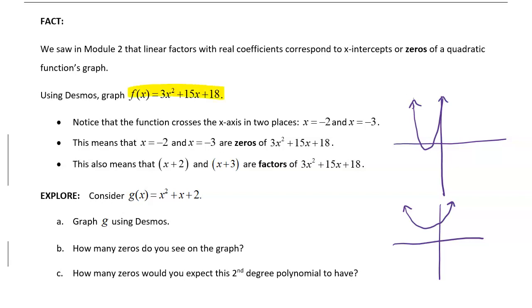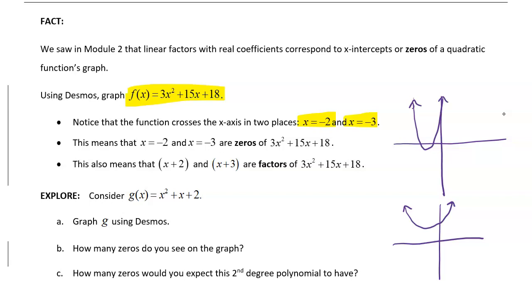they've given us this f of x function, and they say put it on Desmos, and you can see I've got a little sketch over here on the side of the function. You can see that this function has two x-intercepts, and it crosses the x-axis at -2, and it crosses the x-axis at -3.